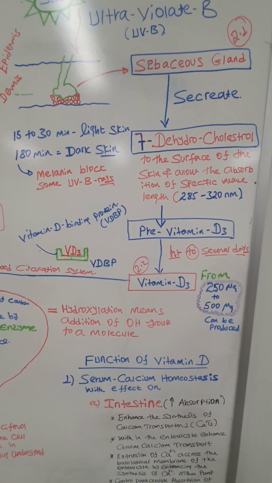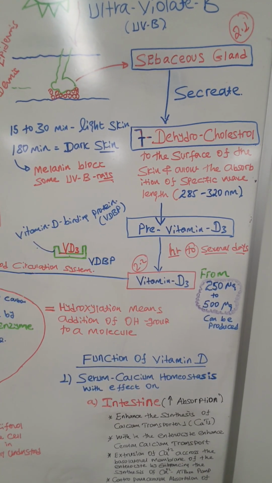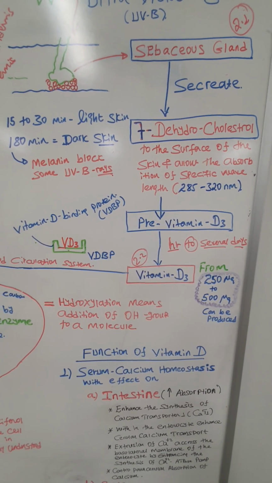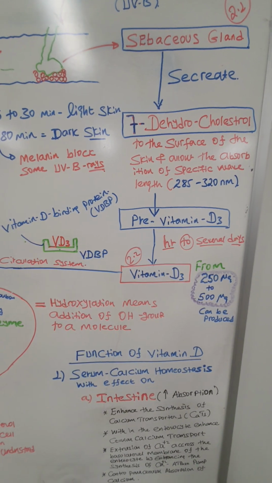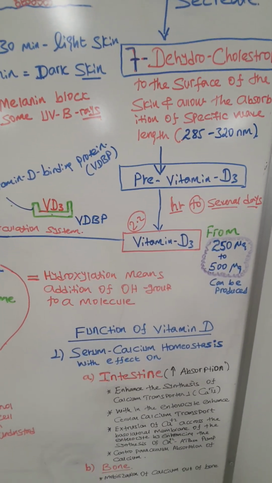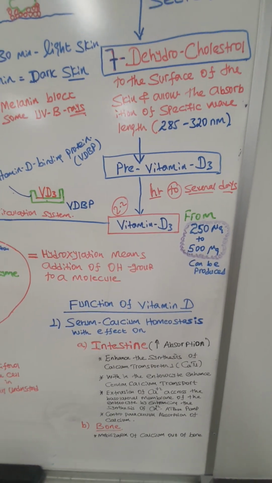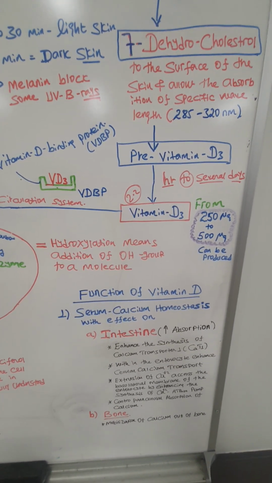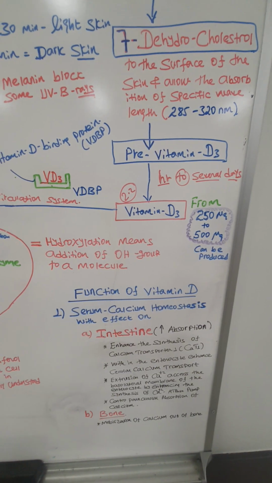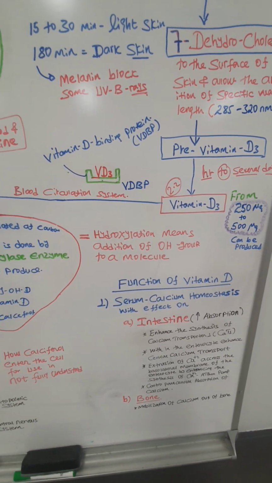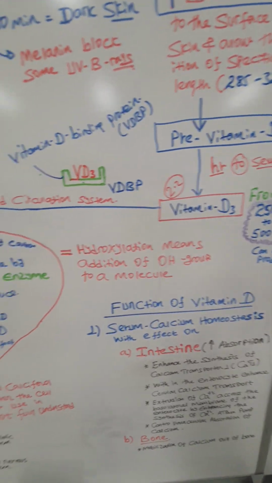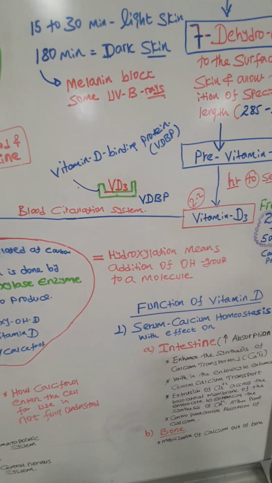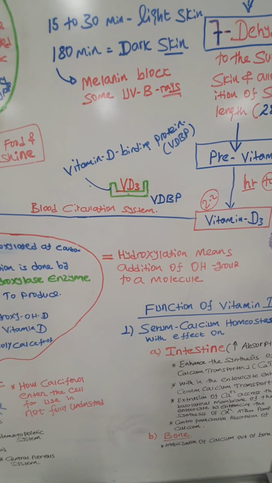And this pre-vitamin D3 will diffuse under the skin, and from several hours to several days, it will be converted into vitamin D3. This is how we get another vitamin D3 to our body, and this vitamin D3 will be diffused into the blood circulation system by binding with vitamin D binding protein.